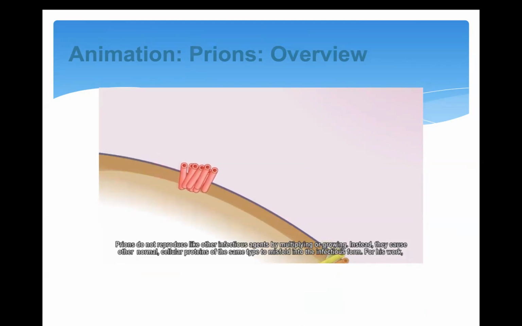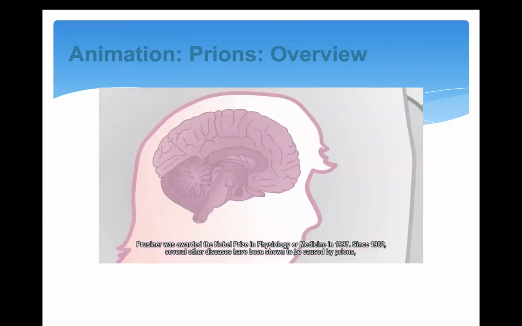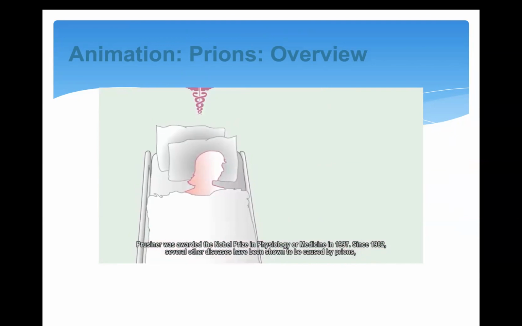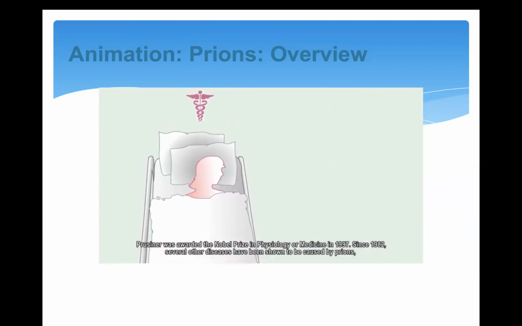Instead, they cause other normal cellular proteins of the same type to misfold into the infectious form. For his work, Prusiner was awarded the Nobel Prize in Physiology or Medicine in 1997. Since 1982, several other diseases have been shown to be caused by prions, including bovine spongiform encephalopathy, also known as mad cow disease.